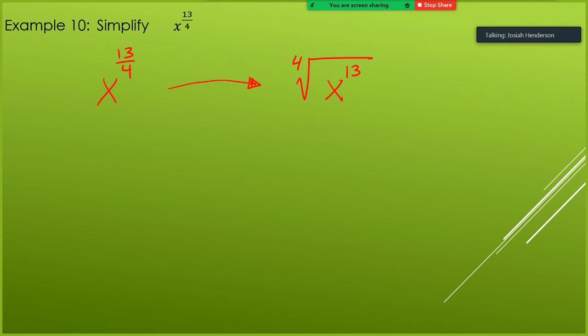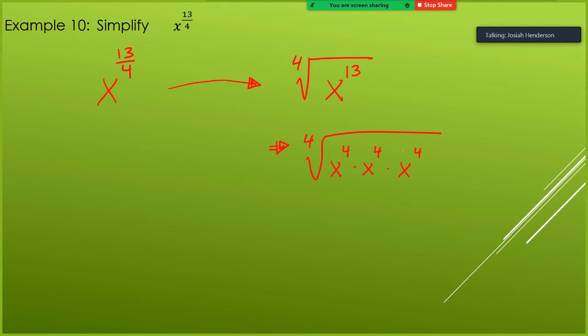So I know I want groups of 4. One way to do this is to look at that x to the 13 and ask yourself, how many groups of 4 can I pull off of that? Can I break it apart into chunks of 4 at a time instead of 13 at a time? x to the 4th times x to the 4th, that's 8 x's. x to the 4th again, that's 12 x's, right?